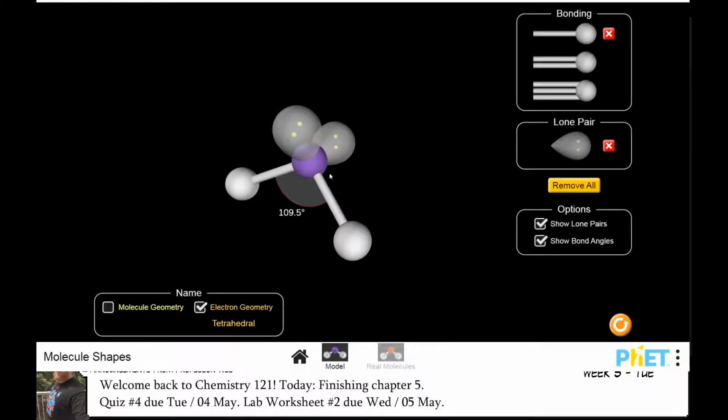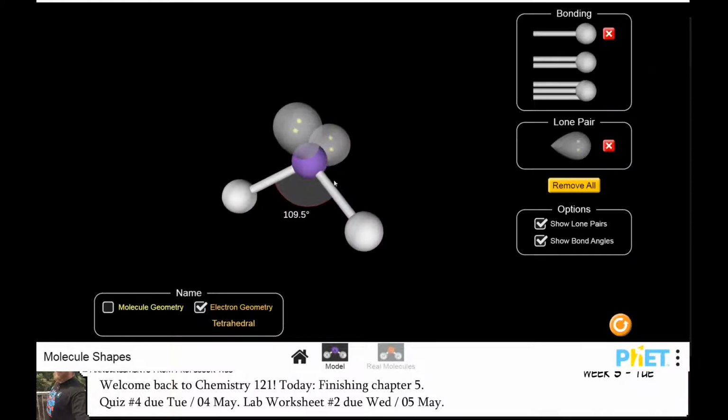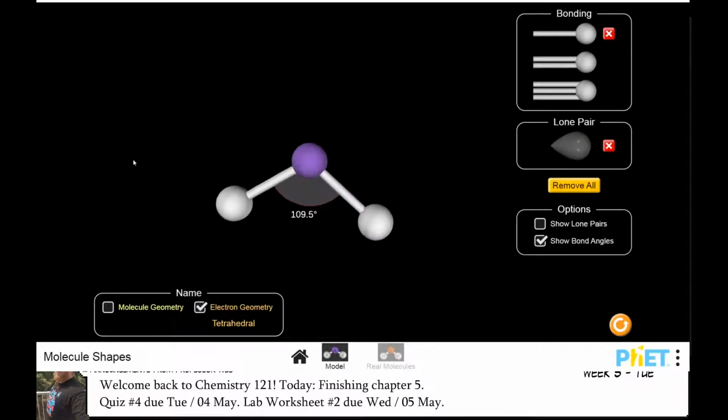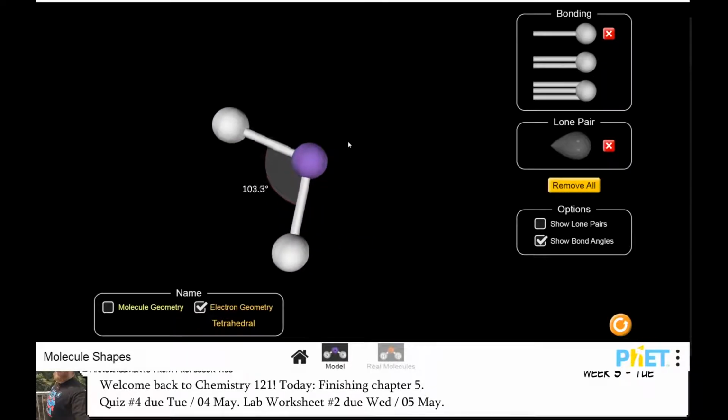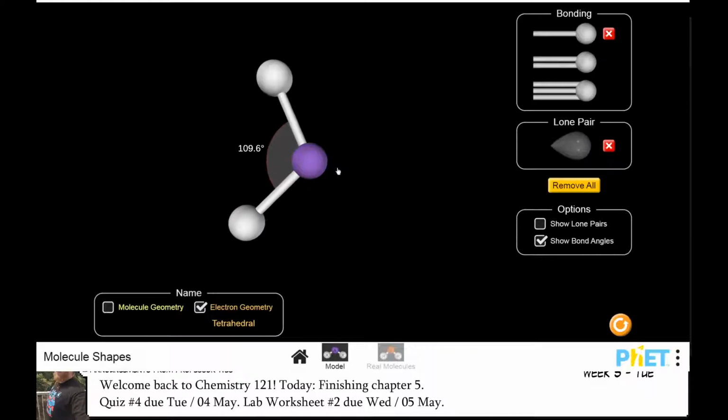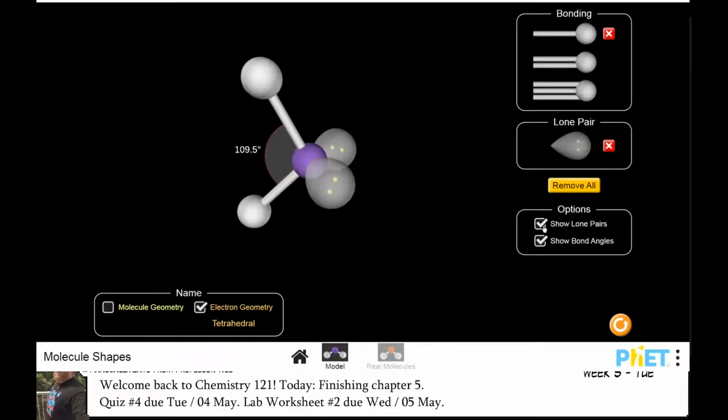So in reality, my molecule like this, which has 4 electron groups, would actually look kind of like this. You would not see the lone pairs because they're so tiny, but you would still feel their influence because the charge is still there. So what that means is that this molecule, which looks like there are only 2 groups coming out of it, is still bent. In reality, there are 4 groups coming out of it. There are the 4, right? But how does it look? It looks like this.